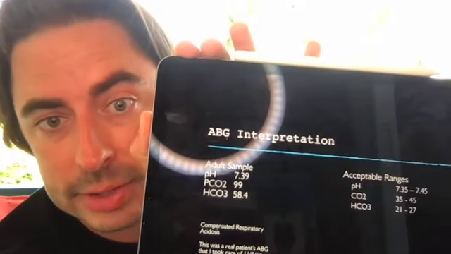So you have to understand that patient's CO2 of 99 is probably close to their normal. Put yourself or myself at a CO2 of 99, I'd be asleep. So just know that you have to recognize what your patient's normal is as well.